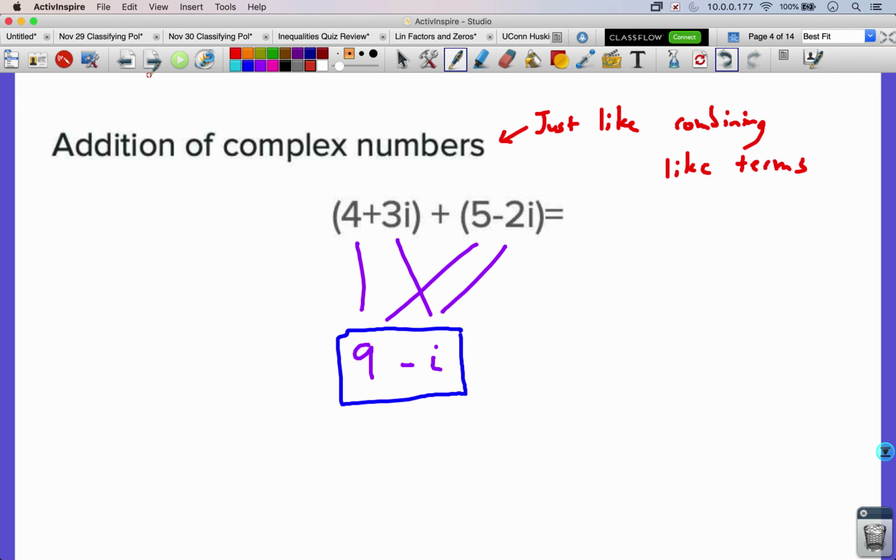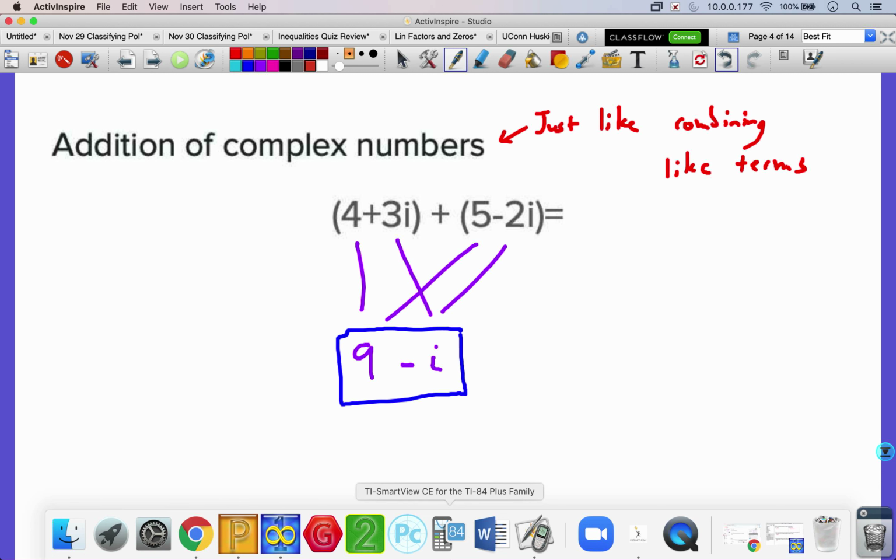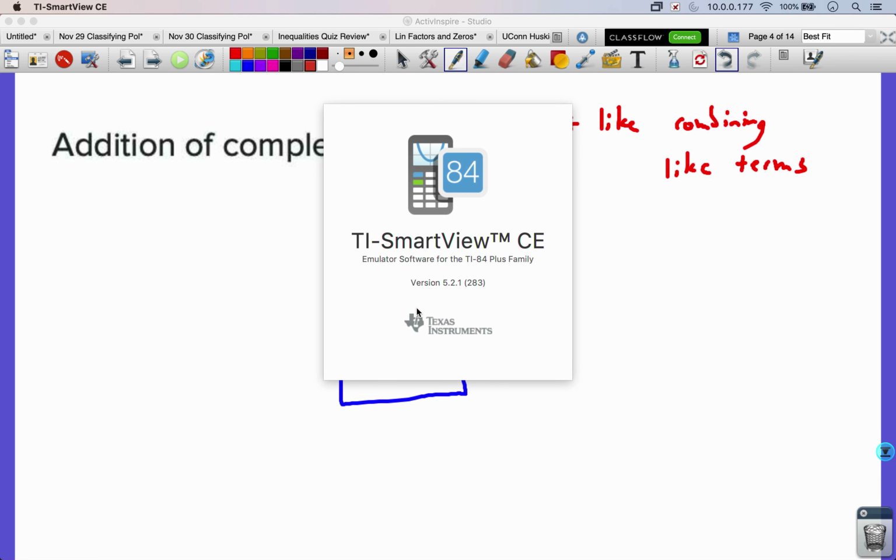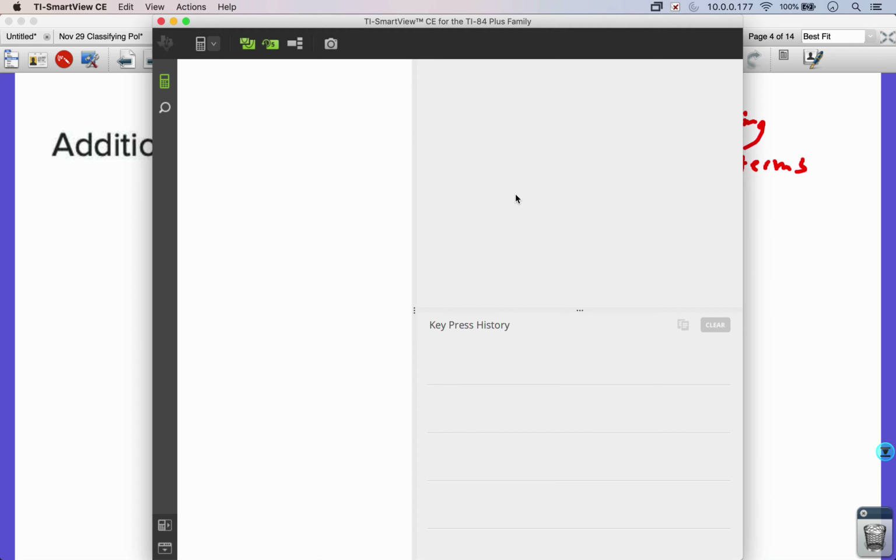We're going to do more operations with complex numbers, but I'm going to show you how to do this in the calculator too. You do have to change a specific mode on your calculator. Let me open this up.